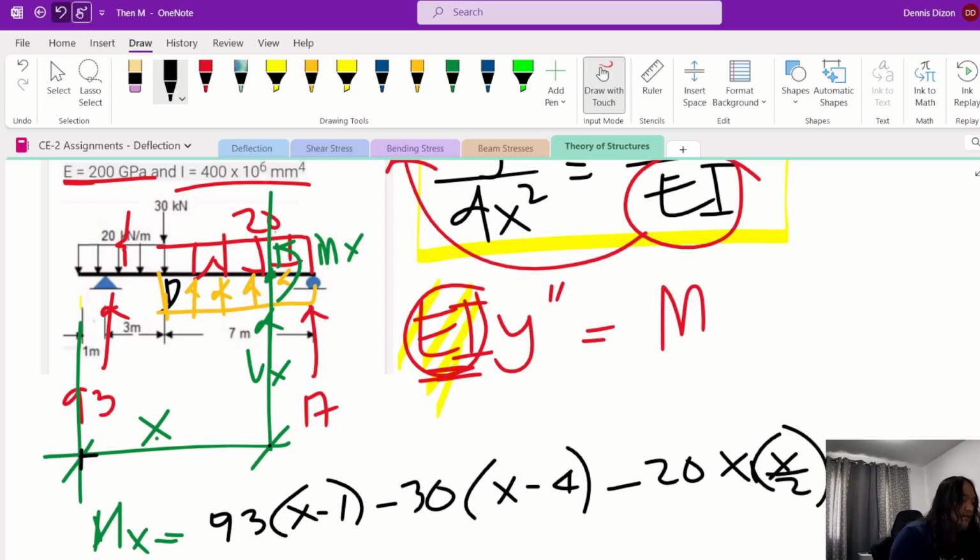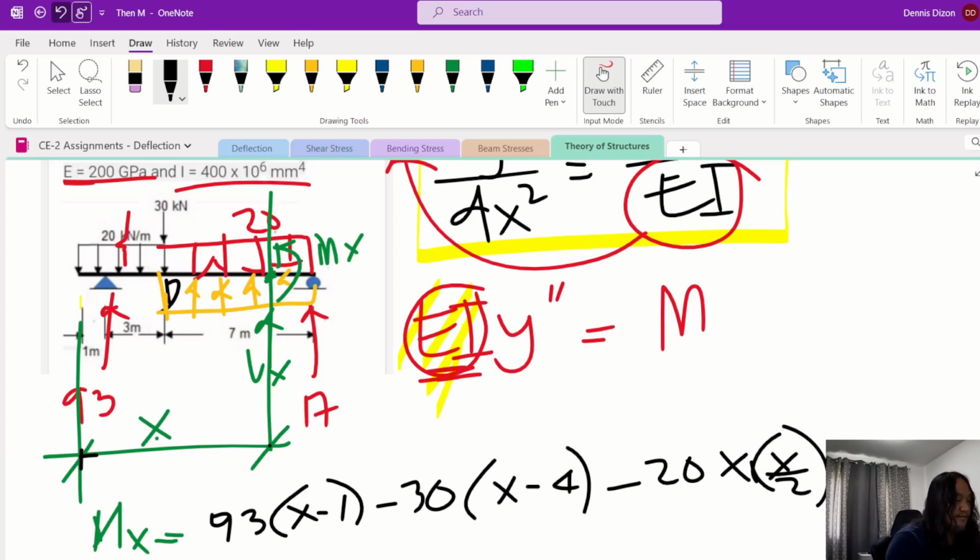And then we have another counter or clockwise, which is your load upward, this is plus. No, this is the same sign as your reaction, the same direction, clockwise.